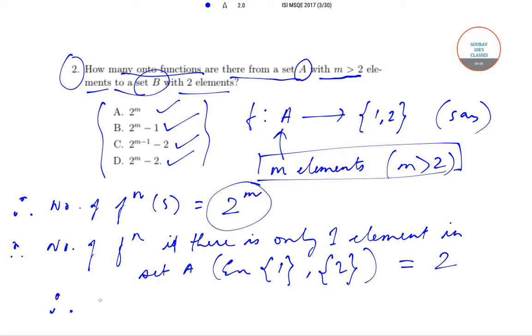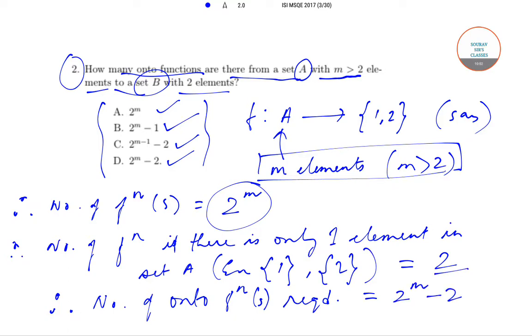So the number of onto functions required in our case will be equal to 2 to the power m, and we'll subtract these two functions, 2 to the power m minus 2, which is nothing but option D.